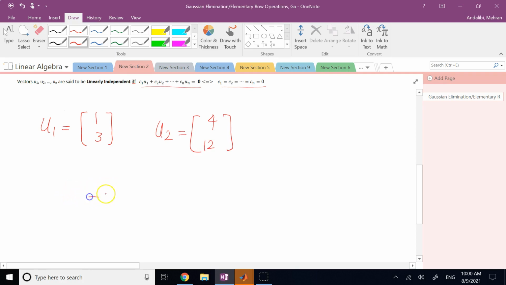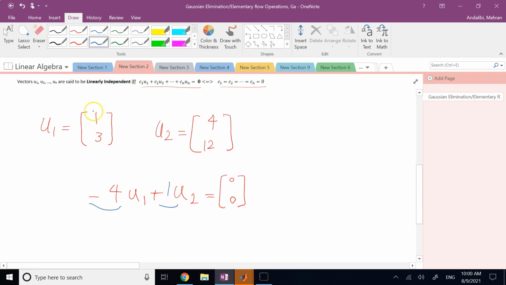Because I can say negative 4 times u1 plus u2 is equal to what? To 0, right? And by 0 I mean 0 and 0, of course.